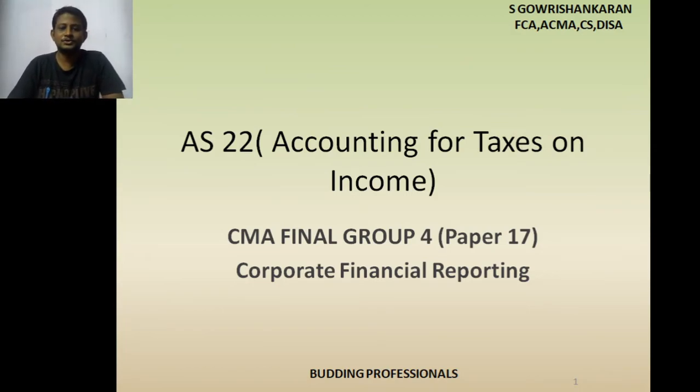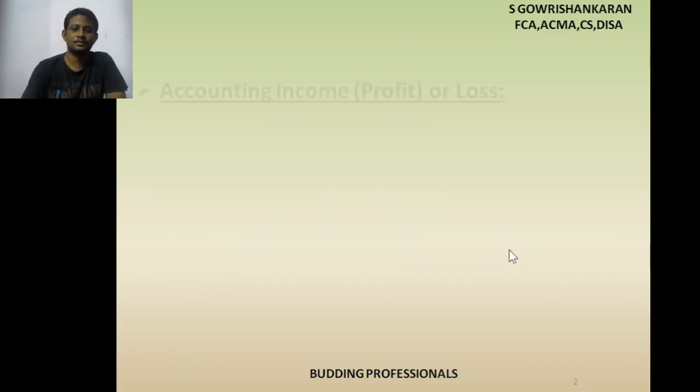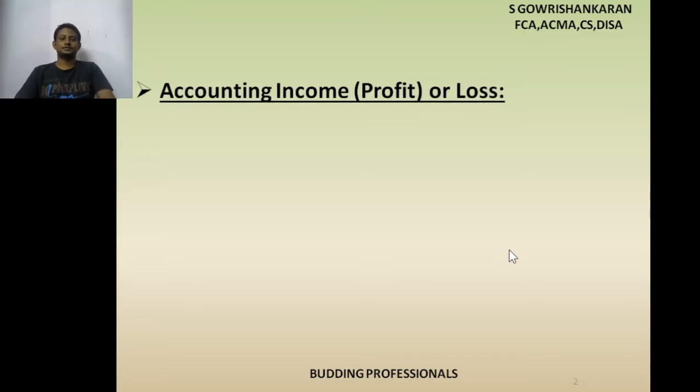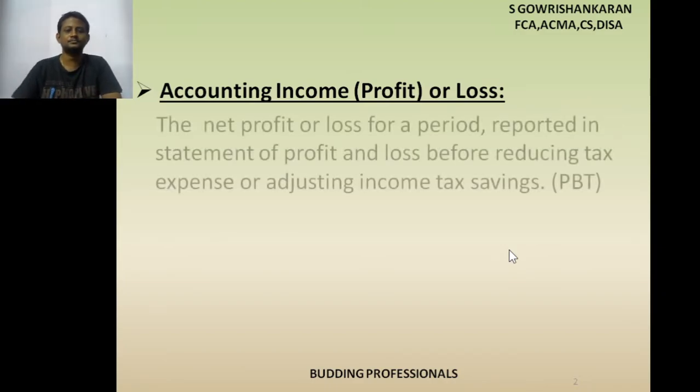So AS 22, Accounting for Taxes on Income. CMA Final Group 4 Paper 17, Corporate Financial Reporting. So in this topic, just now I discussed with you accounting income. What is this accounting income?